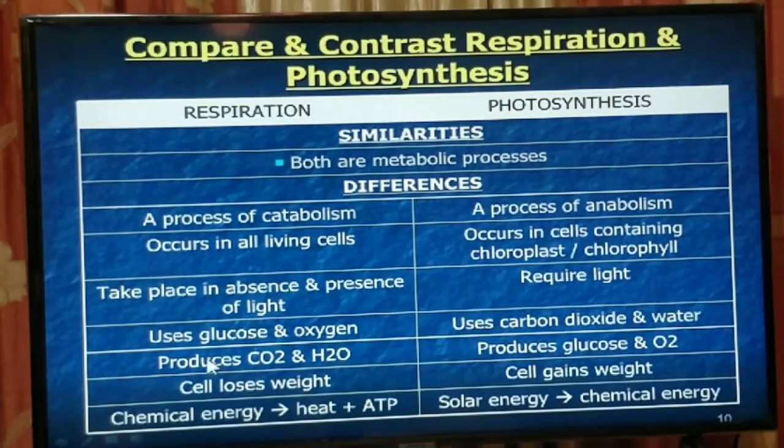That is why the respiration process is also called catabolism, and the process of photosynthesis is called an anabolic reaction. In respiration, chemical energy gets converted into heat energy, and it is stored in ATP. Whereas in photosynthesis, the energy is gained from solar energy, and this energy gets converted into chemical energy.